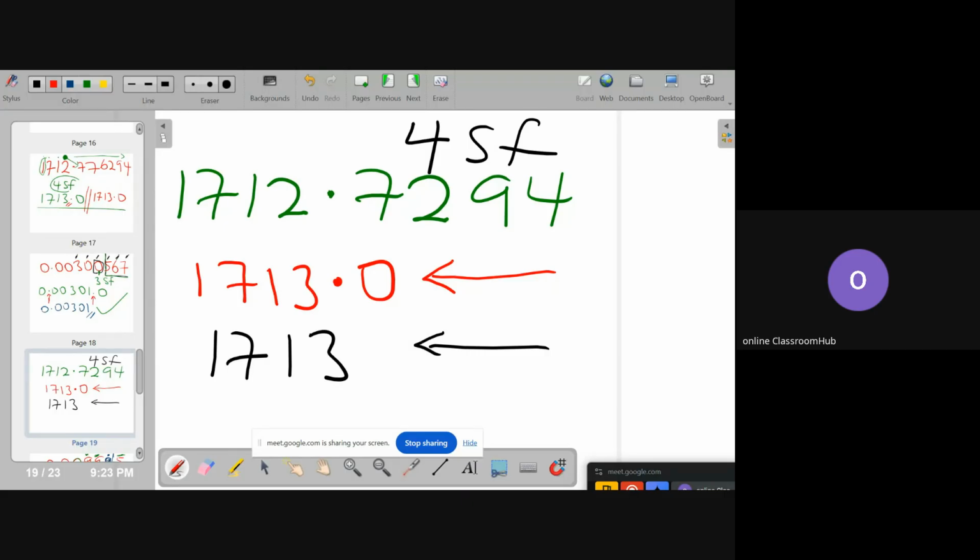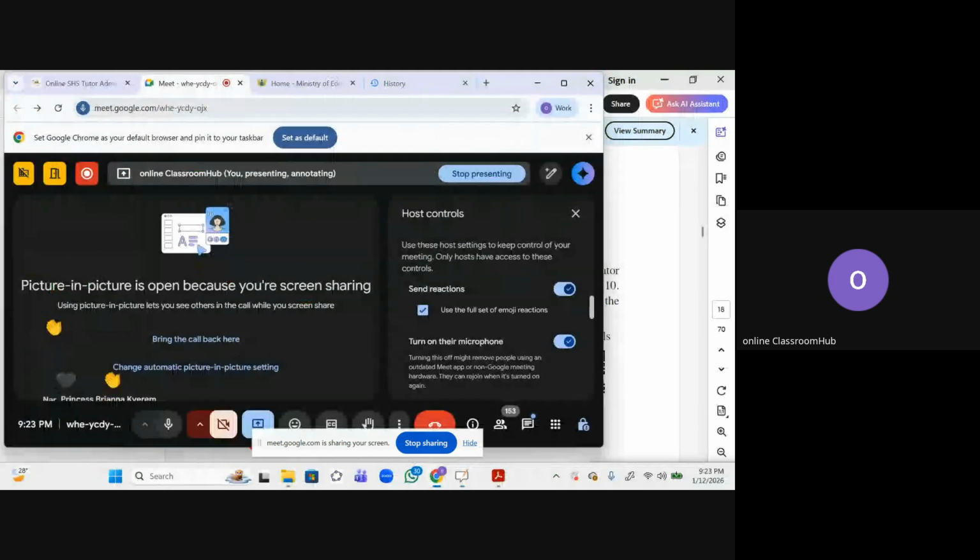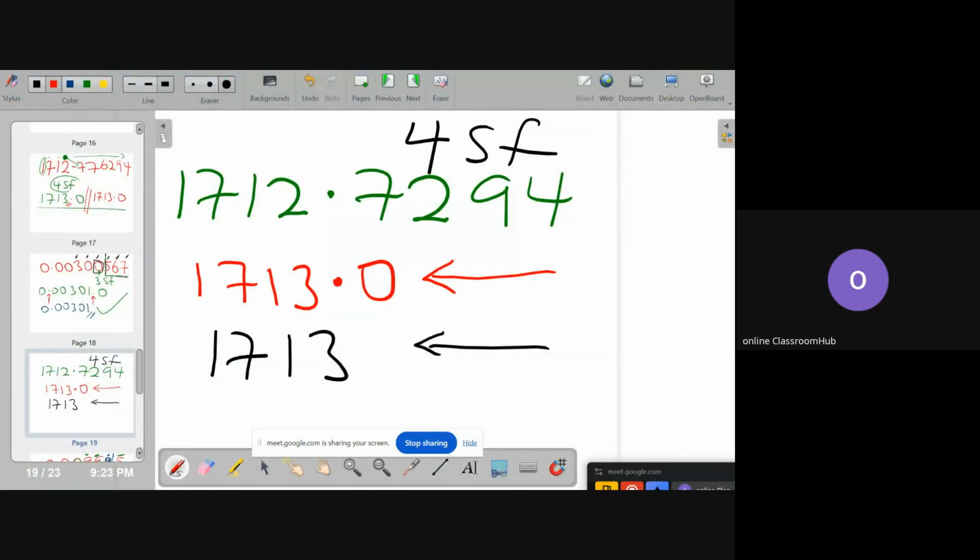I told you that the moment you locate your first SF, any number that follows is what? Significant. The moment you locate your first SF, any number that follows is significant. Now we are considering 4 significant figures.